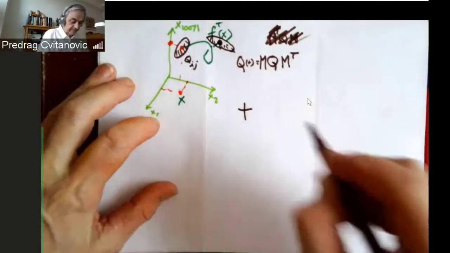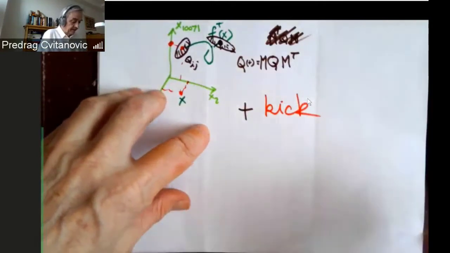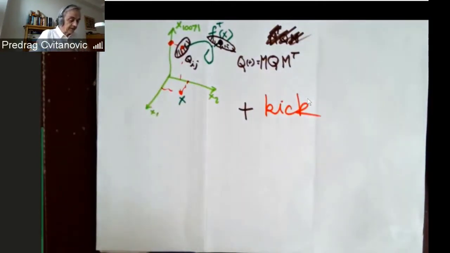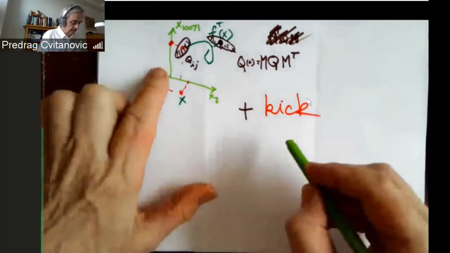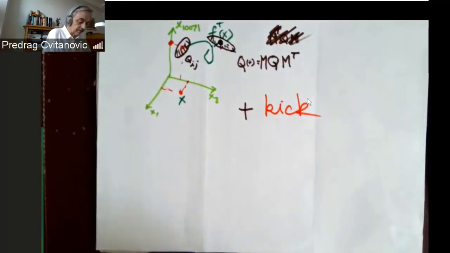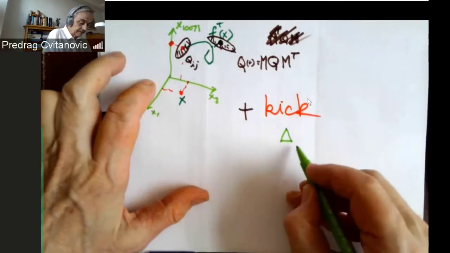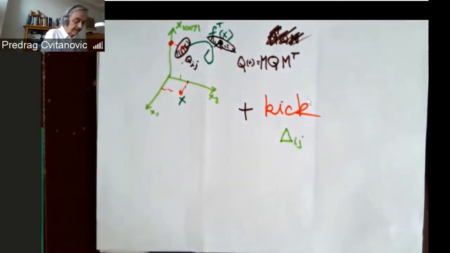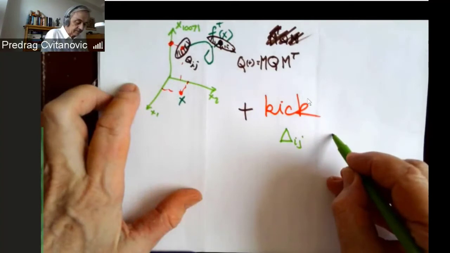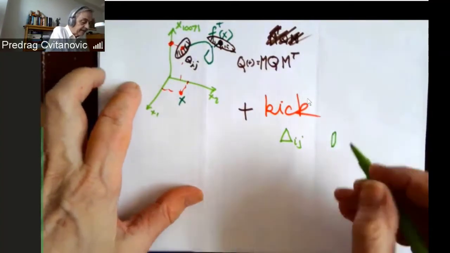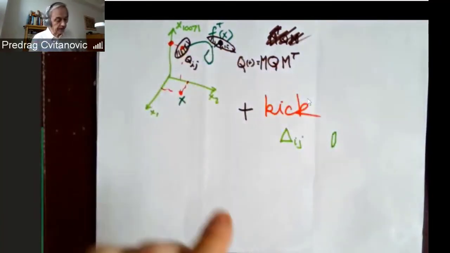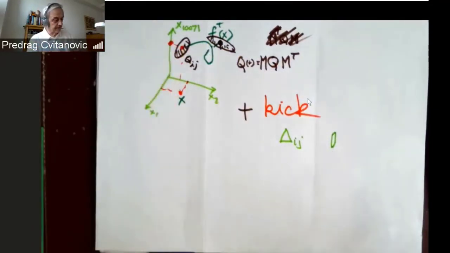Then I kick it, and the kick is a totally different distribution, whose variance I call delta, let's say. And that's something that's either smaller or bigger. Hopefully it's much smaller than my preparation. So for a short time, I don't destroy my particle by noise because I give it relatively weak kicks.